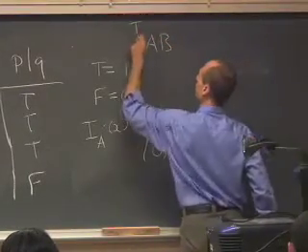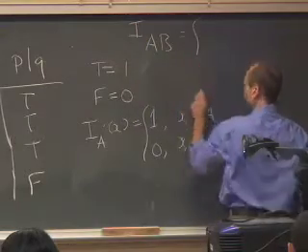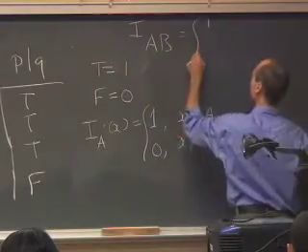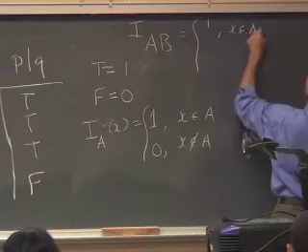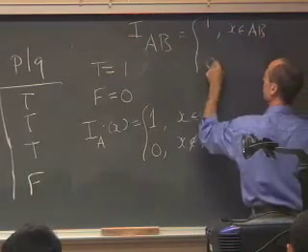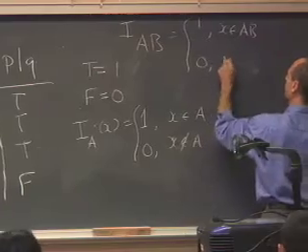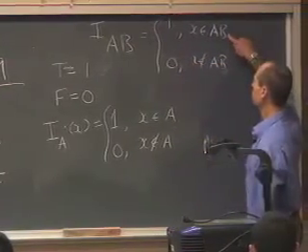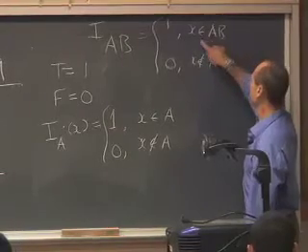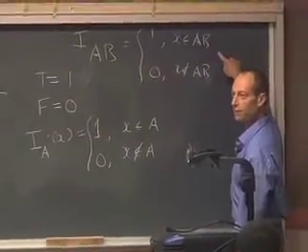The indicator of AB is equal to 1 if x is in A intersect B, and it's equal to 0 if x is not in A intersect B. I want a function that's equal to 1 if x is in the intersection of A and B.